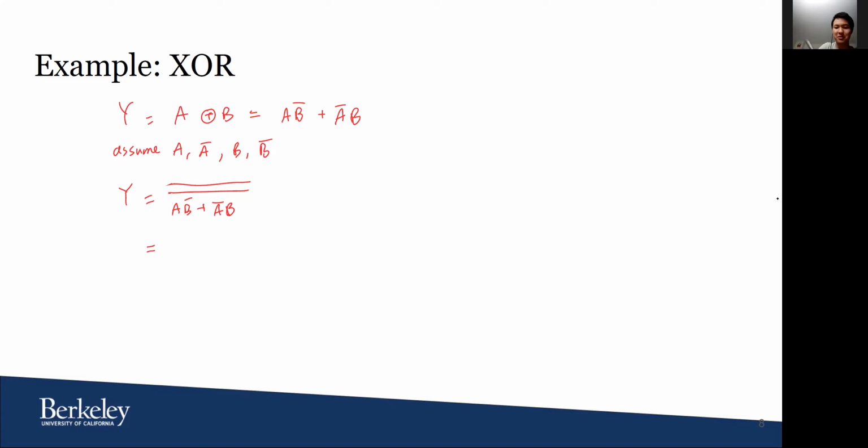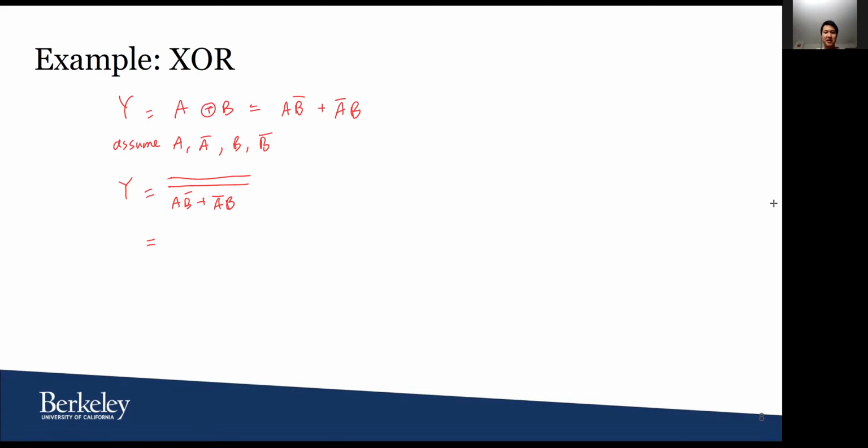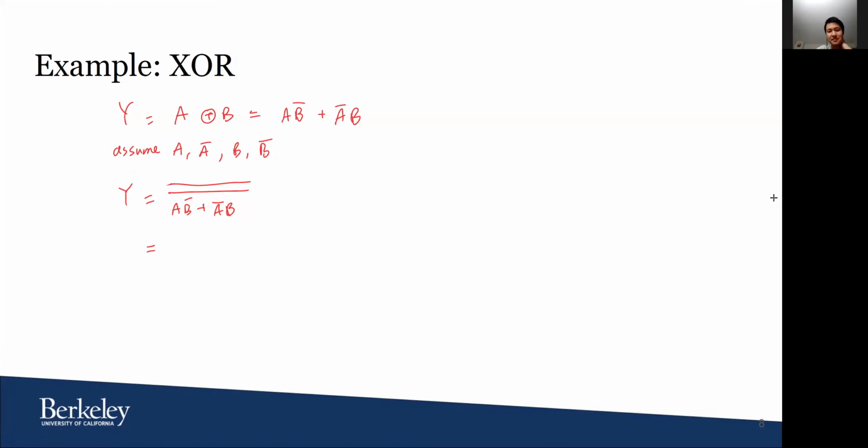Let's apply some De Morgan's laws. What would be the first De Morgan's law that we might want to apply? The A not B term. So we would simplify the addition. Yes, so you want to take this part of it, and the De Morgan's law would be something like not (x plus y) equals not x times not y.